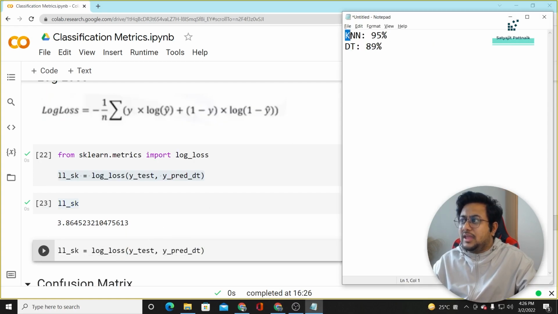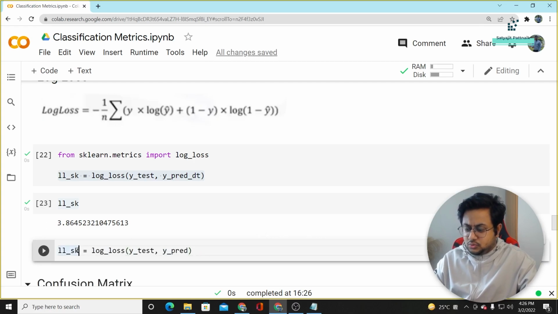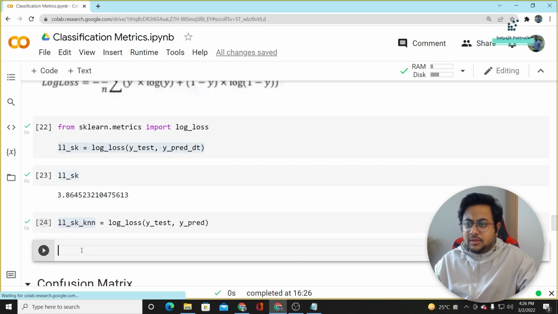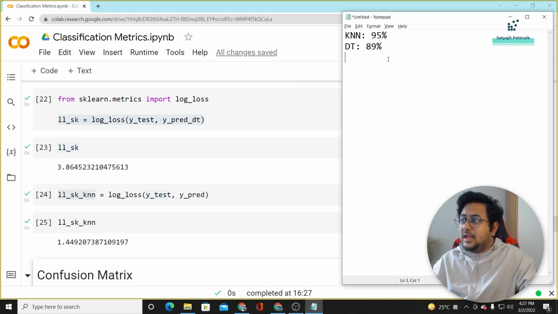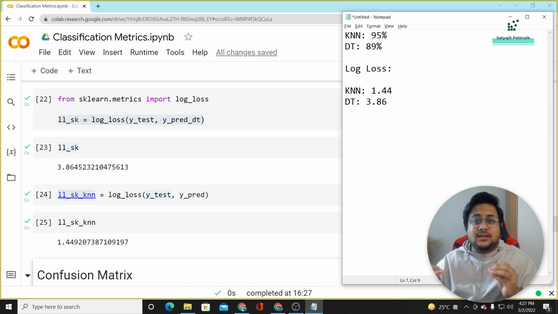I will simply change this to KNN, run this, and then run the variable. 1.499. So log loss for KNN is around 1.5 and for decision tree is 3.86. So log loss is also telling that KNN is better than decision tree, at least in this scenario.